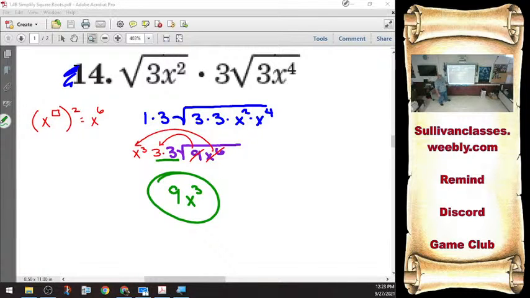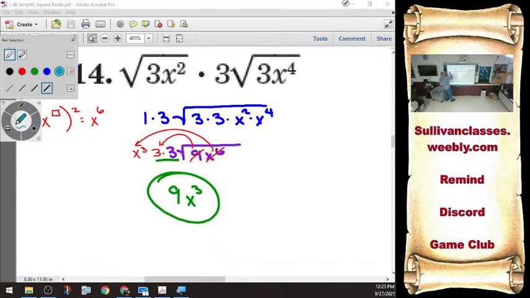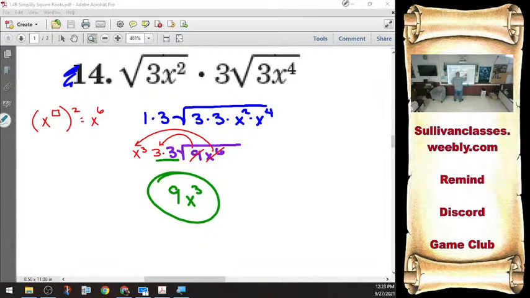Now, I wrote everything out like this, and they happen to be perfect squares. I don't have to do it like that. Say I'm just stuck. I could say that's a 1 and a 3 on the outside, a 3, a pair of x's, that's x squared, and 1, 2, 3, 4 x's is x to the 4th.